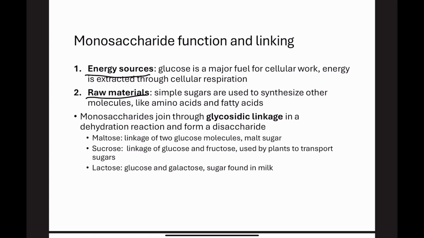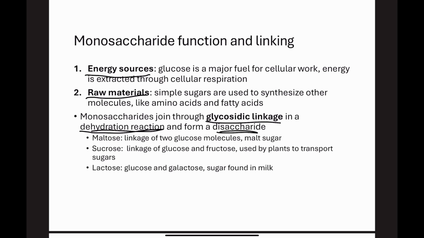Two monosaccharides have the ability to join through glycosidic linkages, and these glycosidic linkages form through dehydration reactions. When they are bonded together, they form our disaccharides, our double sugars.